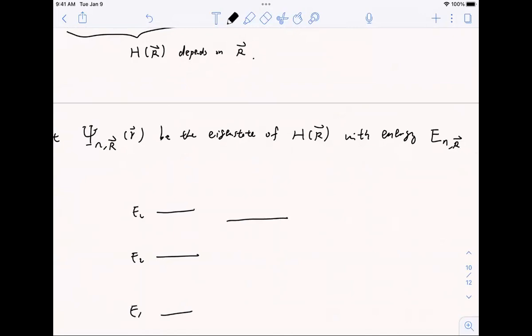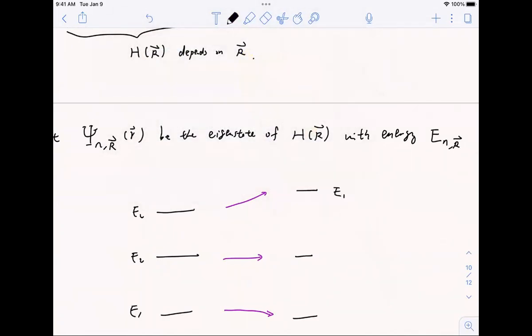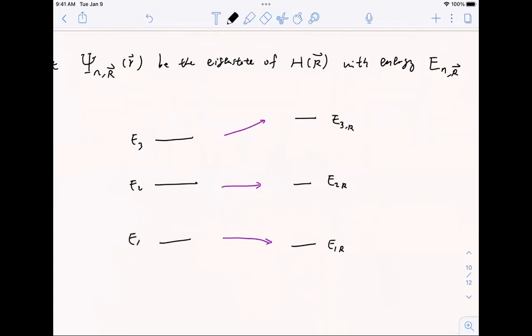Then once you go into a different R, you are going to have E3 R, E2 R, E1 R. So according to the adiabatic approximation, they will move smoothly, and all of this will be the corresponding eigenstate.